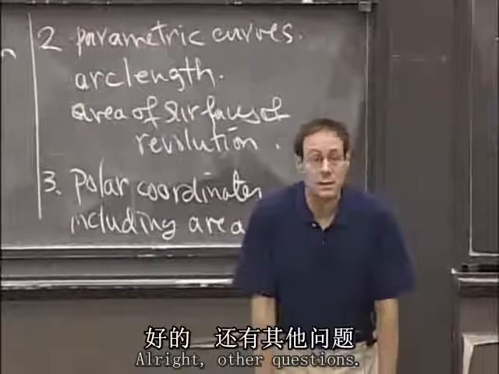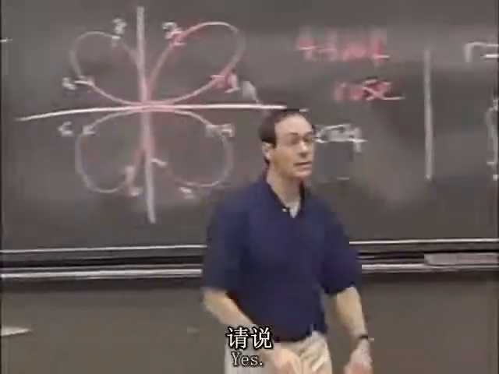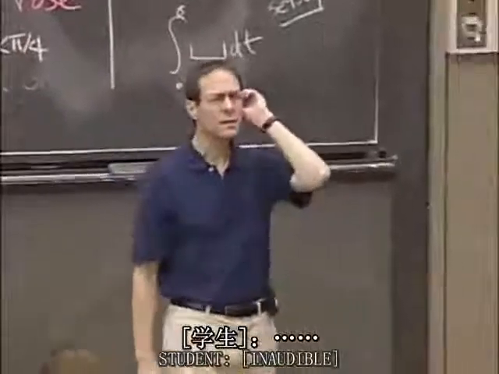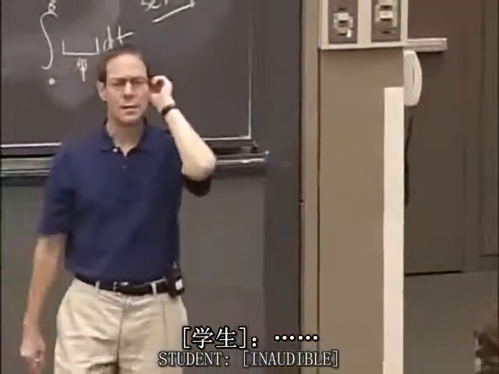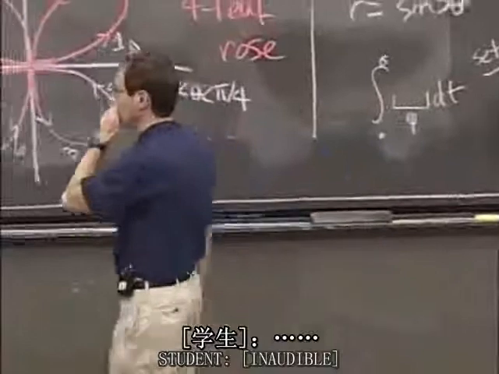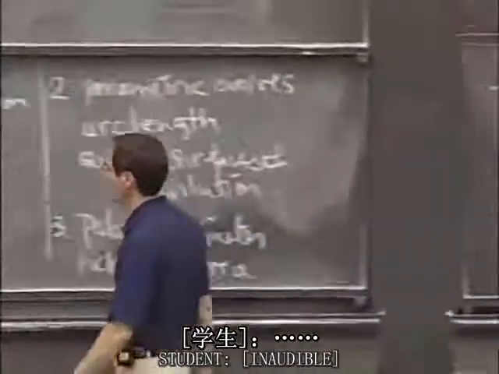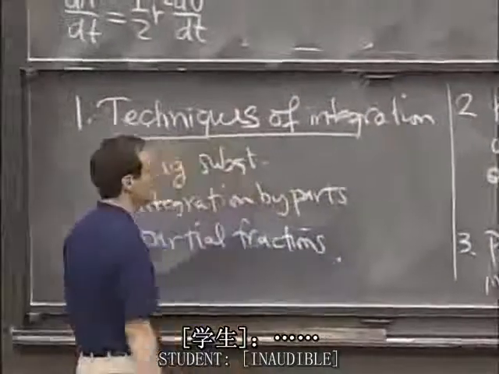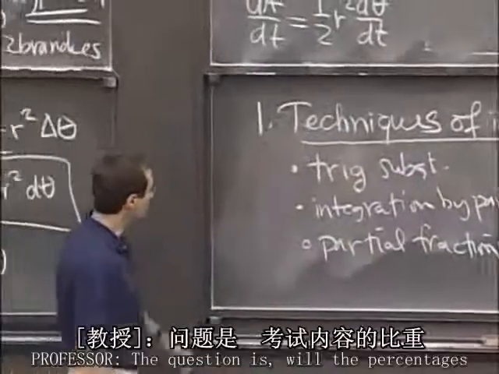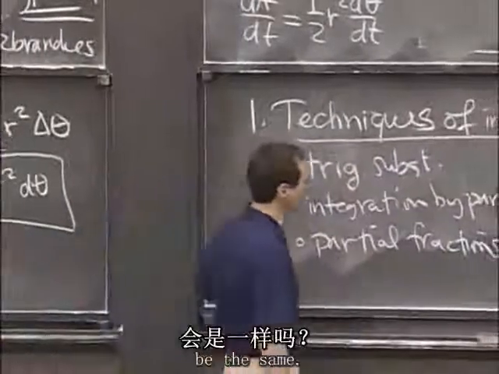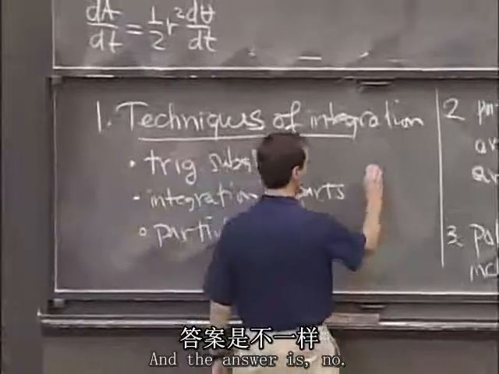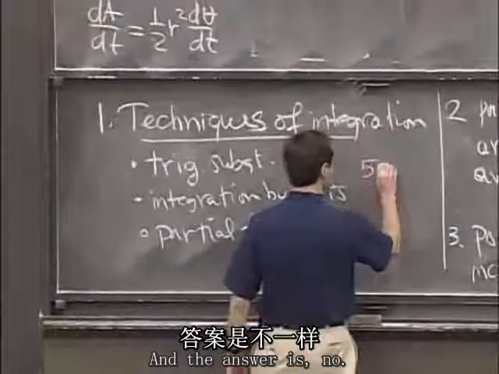All right. Other questions? Will the distribution on this exam be the same as the exam last year? About 70% of the last exam was techniques of integration, and about 30% was the other points. Will it be similar on this exam? The answer is no. I'll tell you exactly.